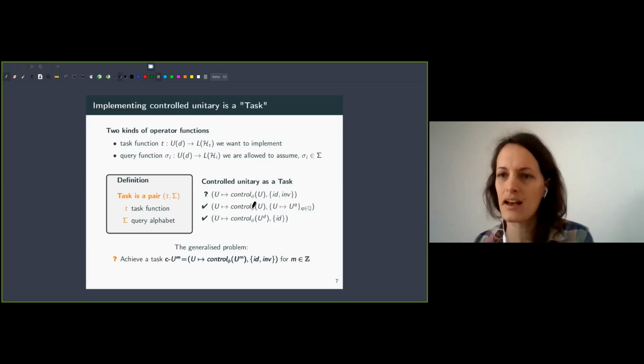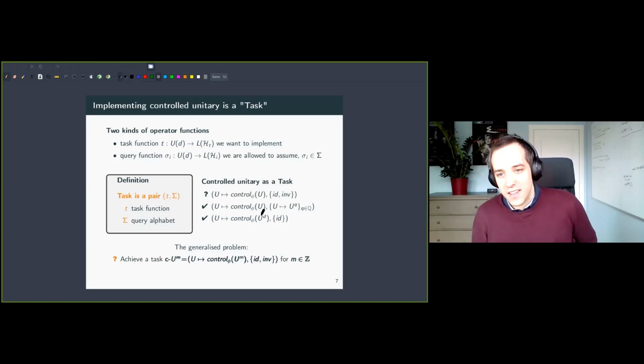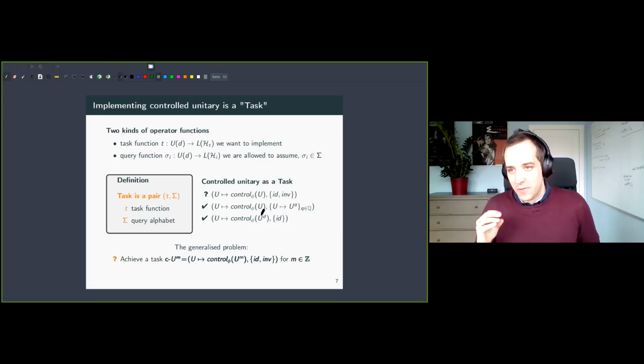What I meant is, you showed that sometimes it's impossible, if you can query not in a fractional manner, but if you can query just U. Then you gave this beautiful topological proof that it's impossible.